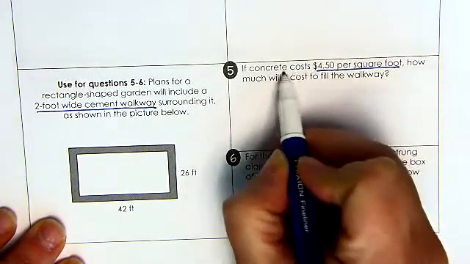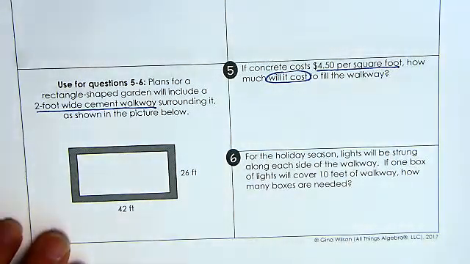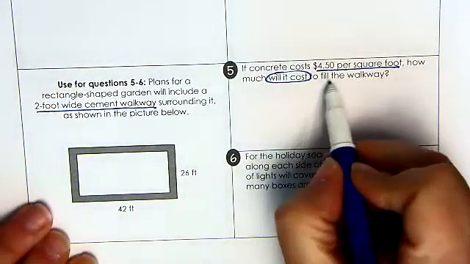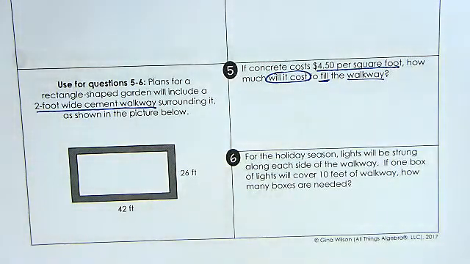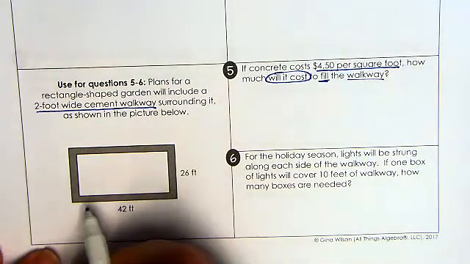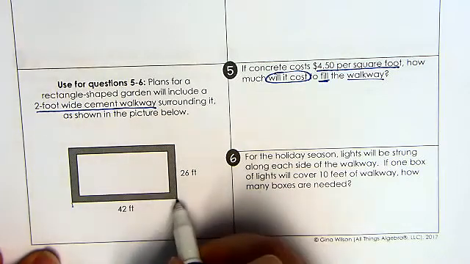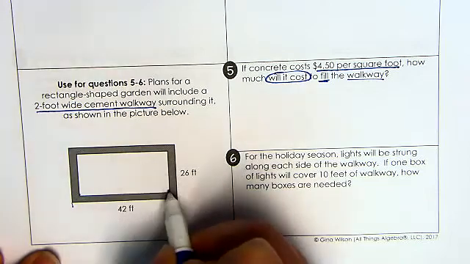So we want to know how much will it cost to fill the walkway. Okay, so we've got to figure out what the dimensions are, because this 42 represents from here to here, but I need to know the dimensions from here to here.